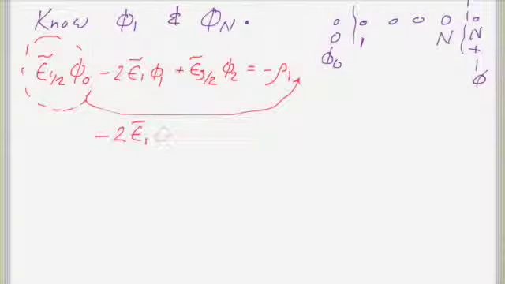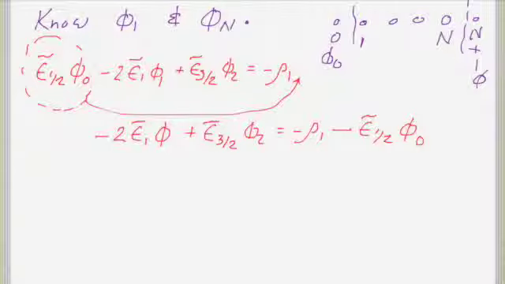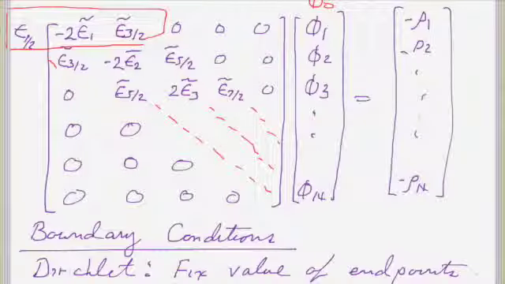What's in your matrix remains the same, and you modify your right-hand vector. So this becomes negative rho 1 minus epsilon 1/2 times phi 0. And that's your boundary. That truncates your system of equations.